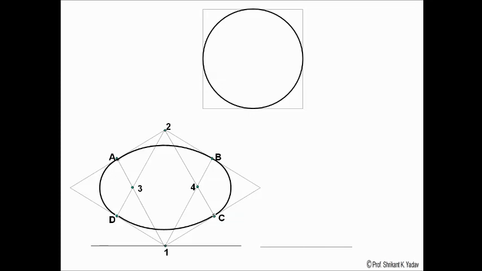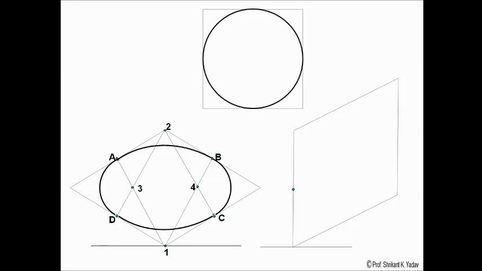Then you have to draw two axes. One is making a 30-degree angle with the reference line, and the second one is a vertical axis. By considering those two axes, we can easily transfer the square onto the vertical plane. Then you have to follow the procedure for drawing an ellipse.